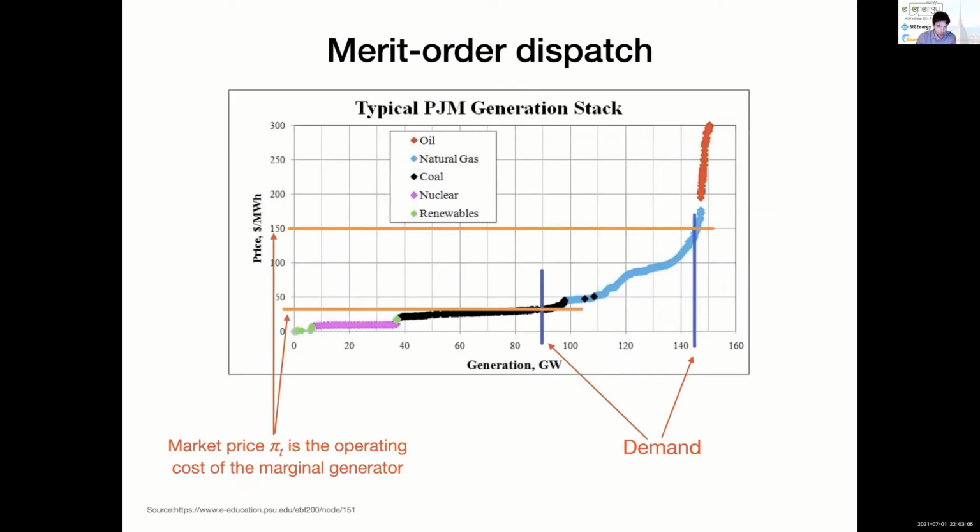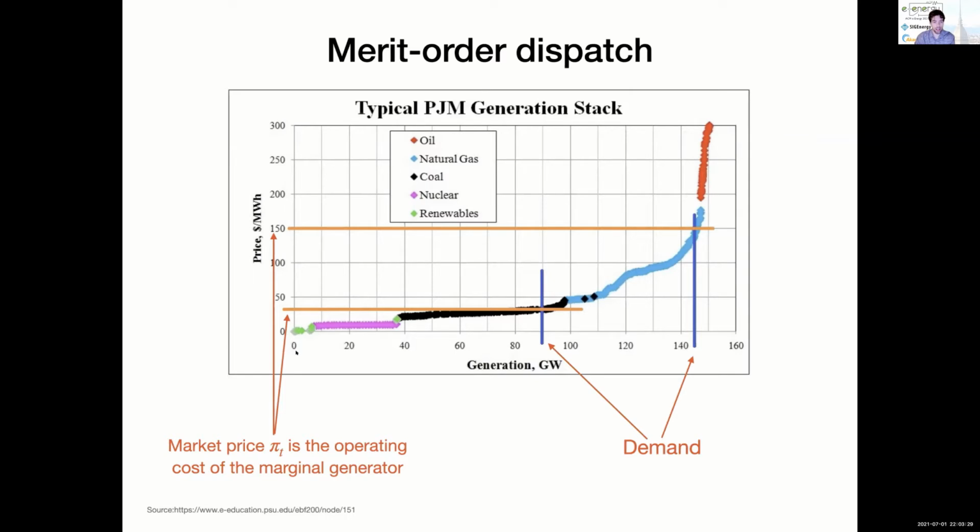I mentioned on the first slide this idea of merit order dispatch, and this figure illustrates what that means in a graphical way. We can basically solve the economic dispatch optimization problem by picture in the following way. I'm sure many of you are familiar with this idea, but for those that aren't, I'll just briefly go through it. So we form an aggregate supply curve based on the marginal cost.